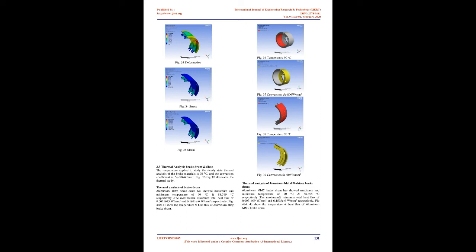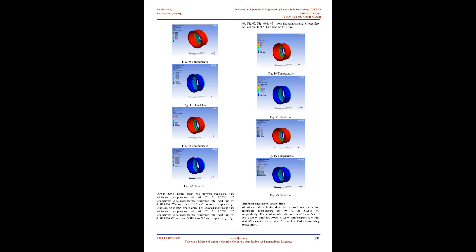Structural analysis of carbon steel brake shoe. Carbon steel brake shoe has shown maximum total deformation, equivalent von Mises stress and equivalent elastic strain of 0.058955 mm, 238.3 MPa, and 0.001134 mm/mm respectively, as highlighted by red color, and minimum equivalent von Mises stress and minimum equivalent elastic strain of 0.27163 MPa and 2.5266E-6 mm/mm respectively, as indicated by blue color.